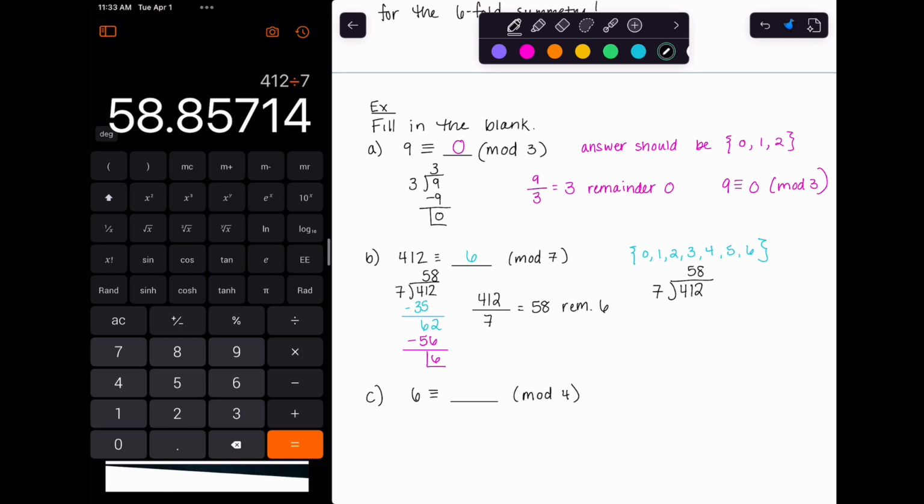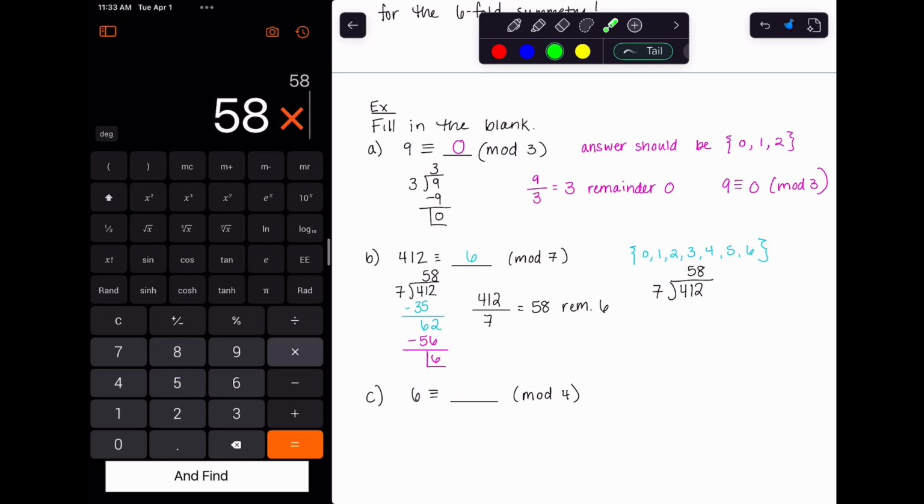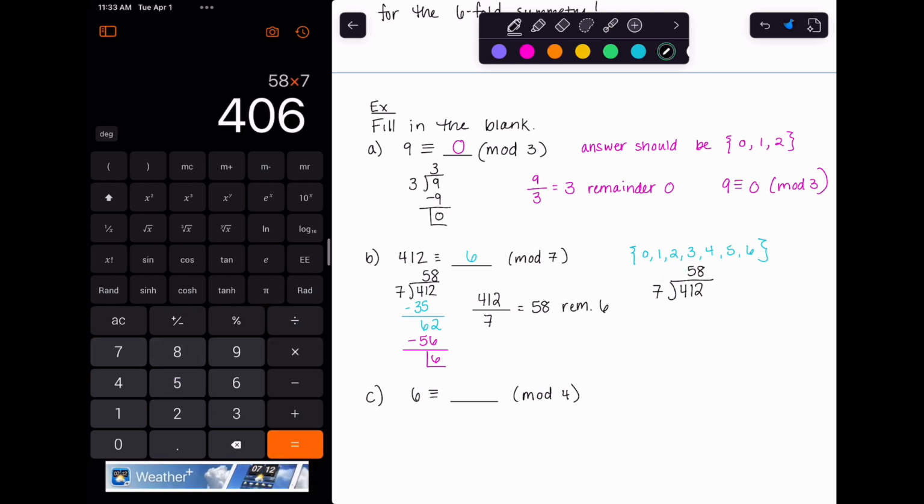So I can put a 58 up here. Now I can do 58 times 7, and that gives me 406. So I put a 406 underneath, and when I subtract those two, 412 minus 406 indeed results in the same remainder, okay?